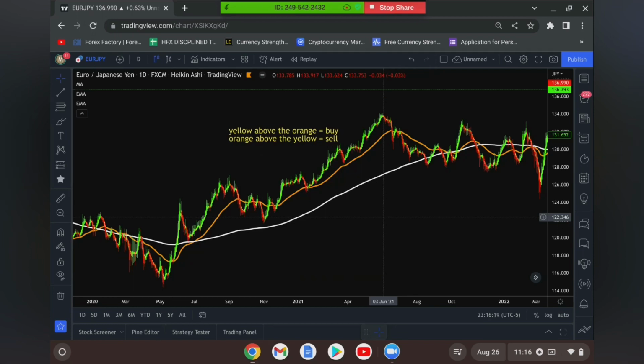The simple moving average will calculate the average of all price data, while the exponential moving average gives more weight to current price data. So again, the simple moving average takes into account all of price data all the way back to 1986, if that's how far the chart goes back. However, the exponential moving average prioritizes more recent price data, okay?